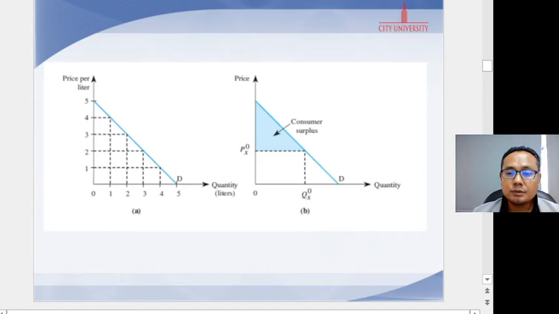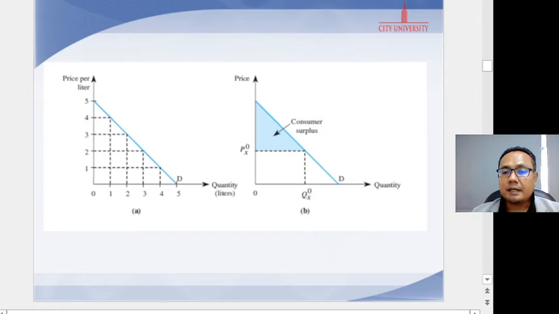To see why, recall that each point on the demand curve indicates the value to the consumer of another unit of the good. So the difference between each price on the demand curve and the price P0 paid represents surplus: the value that the consumer receives but does not have to pay for.